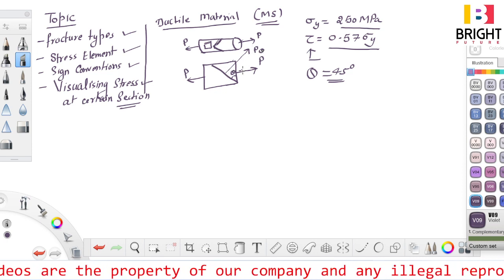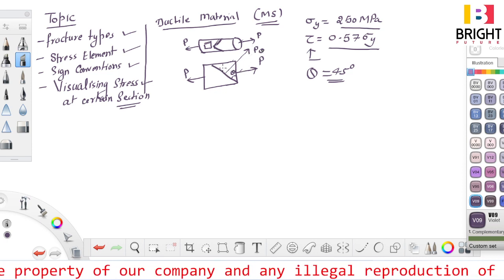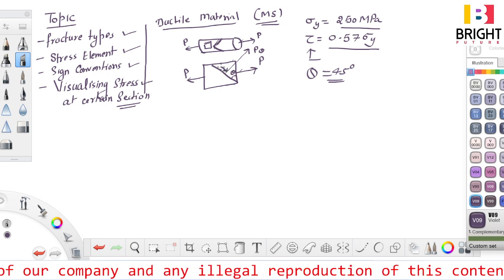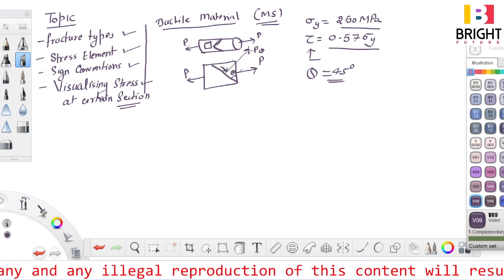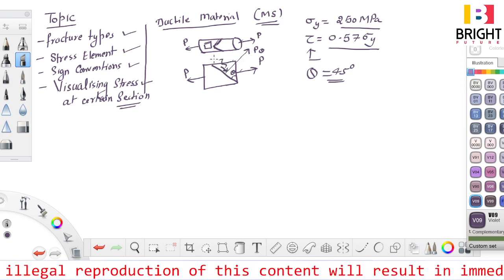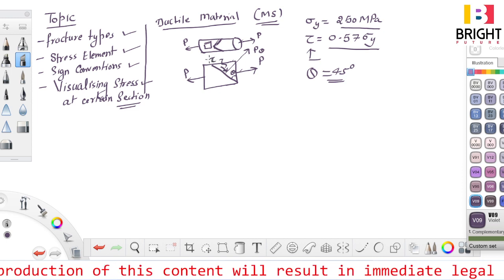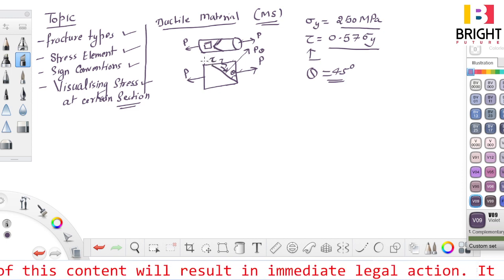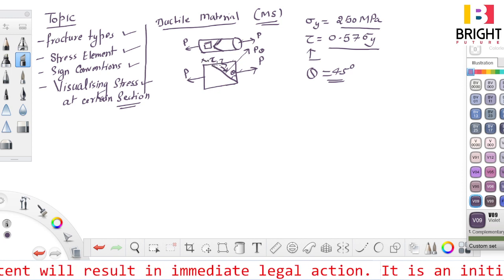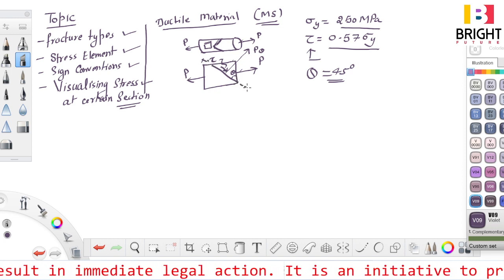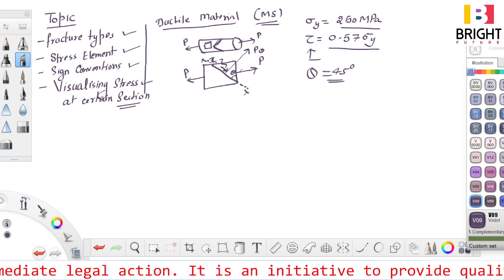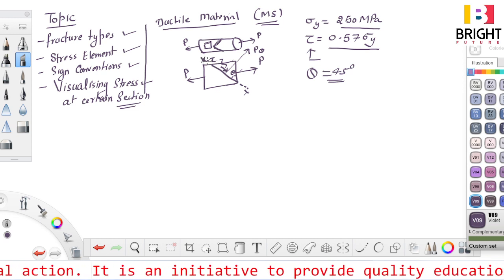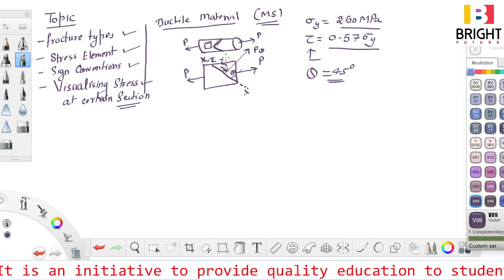Now this P is broken into two parts. One is in this direction, which is along the surface. Another one is in this direction. This particular part is known as the shear stress, which is acting on the plane. Say this plane, if I extrude it, is the XX plane, right?